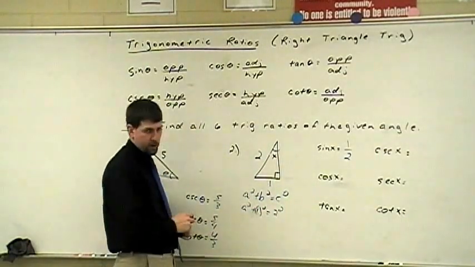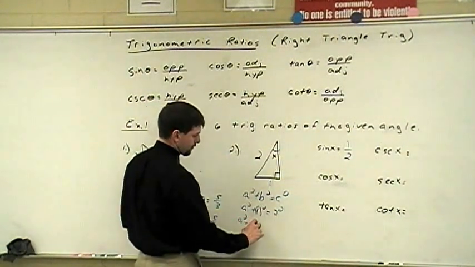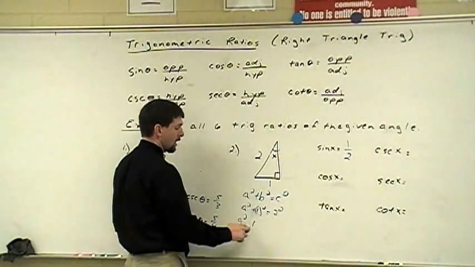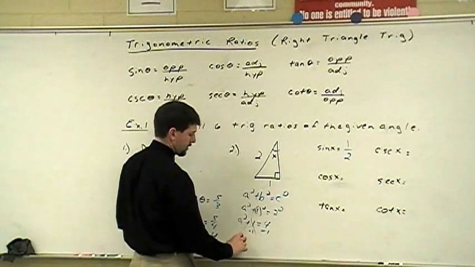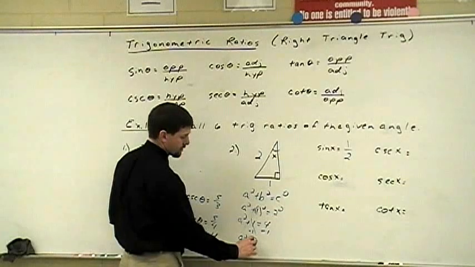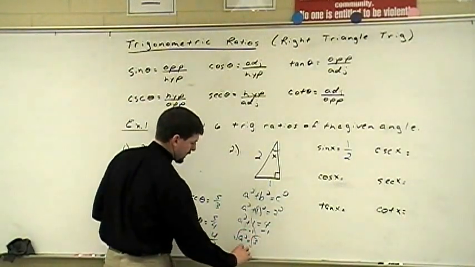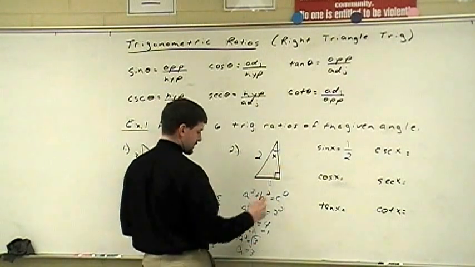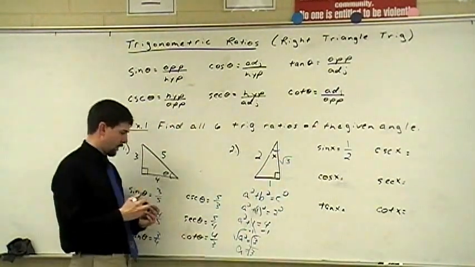And then we just solve for a, the adjacent side. So a squared plus 1 equals 4, move the 1, a squared equals 3. So take the square root and a equals square root of 3. The adjacent side has a length equal to square root of 3.